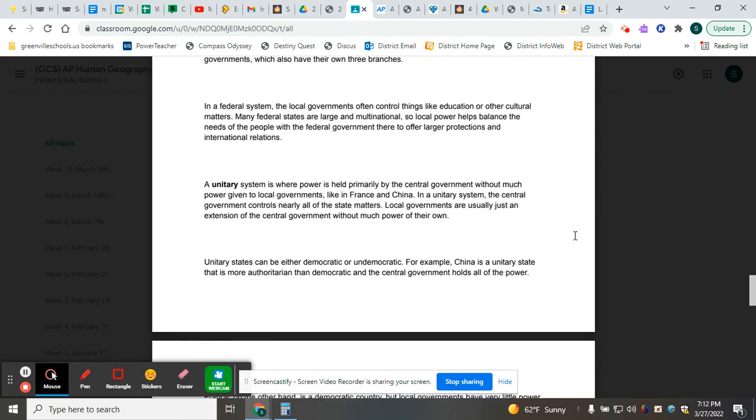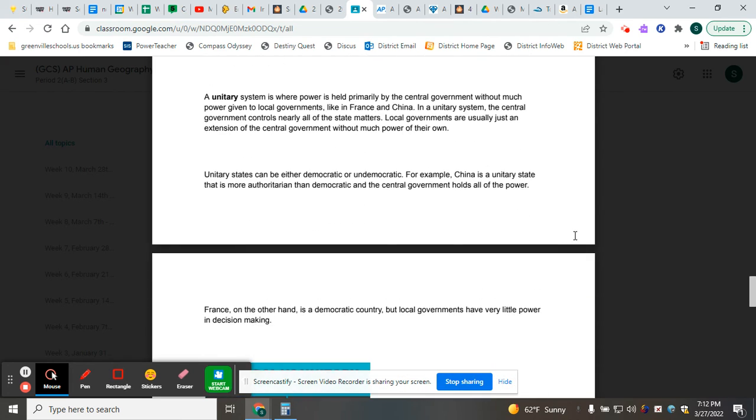A unitary government is one where all power exists in the national government, what might also be called the central government. We see this in totalitarian states like China, but we also see it in democratic states like France. In these unitary systems, the central government controls nearly all of the state matters.